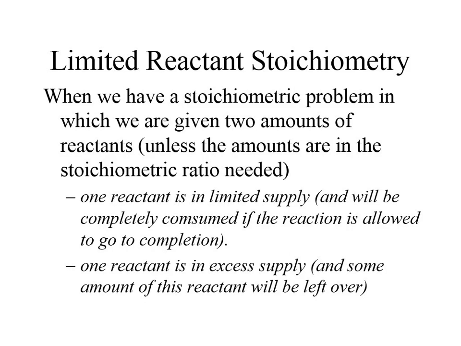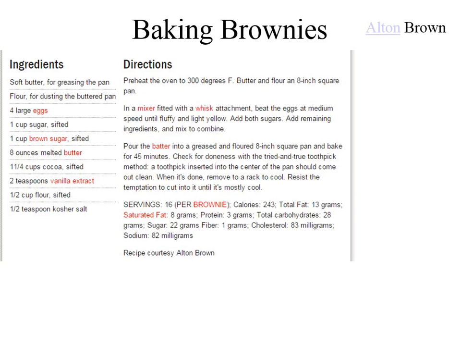So I have some examples here. Let's just say you went to your cupboard. Let's go back to the brownies. This is the same recipe we looked at before. And let's just say you have 8 eggs. You have 2 cups of sugar, 2 cups of brown sugar, 16 ounces of butter, and 2.5 cups of cocoa.